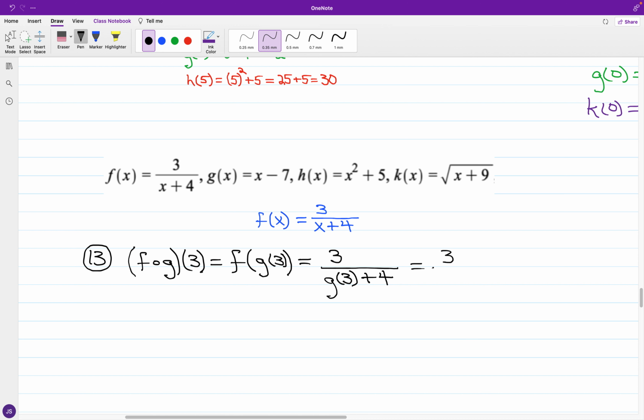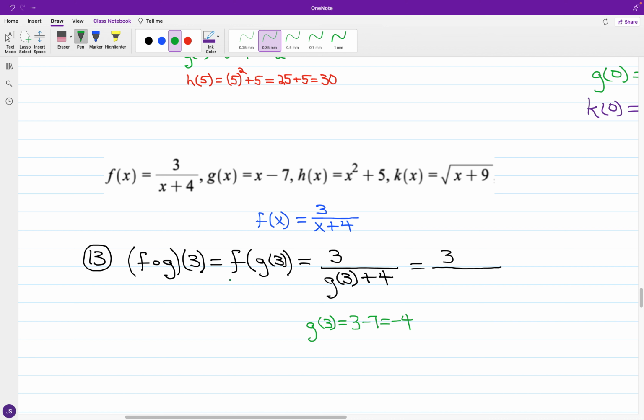Now we have 3 over g of 3 plus 4, and we can determine what the value of g of 3 is. Here g of 3 is going to be 3 minus 7, which would be negative 4.